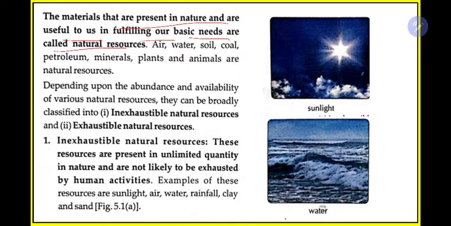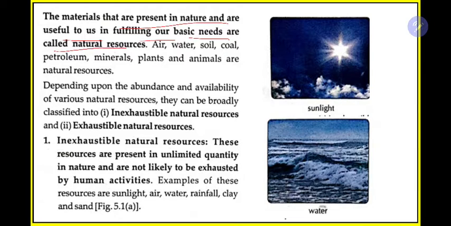Depending upon the abundance and availability, abundance means how much of it there is, and availability means whether it is available every time. For example, sunlight is available in the daytime, at night it is not available. This is the meaning of availability.